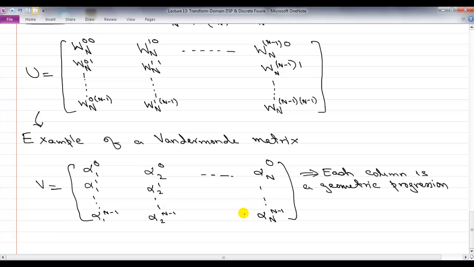So to say that the DFT is a transform, we of course have to argue that the rank of the DFT matrix is n, but that follows from some of the properties of the Vandermonde matrix.